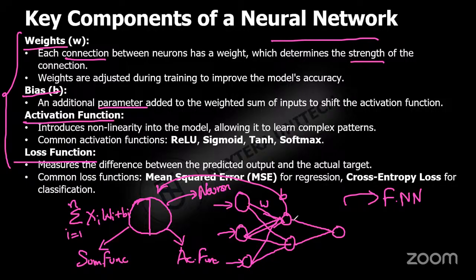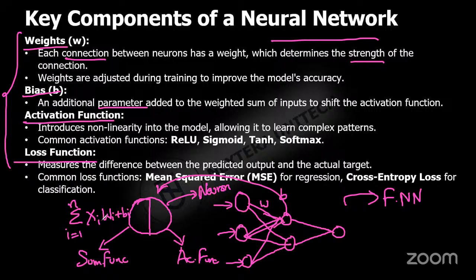If you see here, this particular neuron has connections from the three input nodes. Within the input layer, there are three nodes, right? From these three nodes, we have connections to the same neuron.